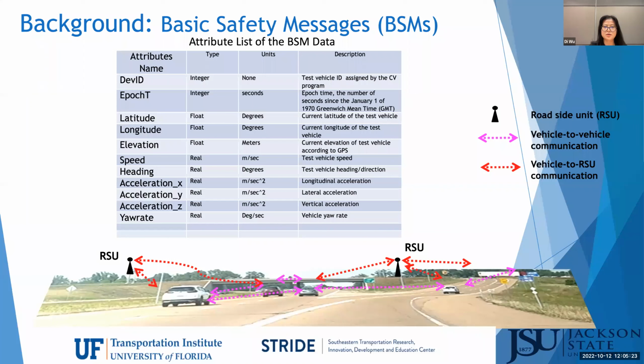Connected vehicles are vehicles that are equipped with onboard devices. They generate basic safety messages, the BSMs, and exchange the BSMs with the roadside units and other CVs. In the picture, the red arrow represents the roadside unit communication, and the purple one means the V2V communication.